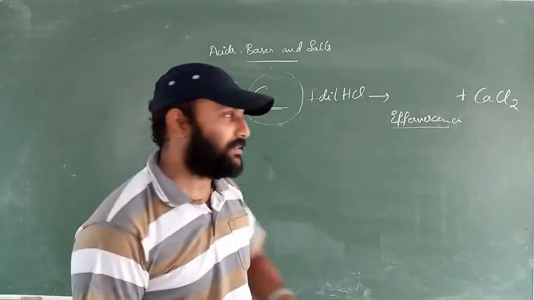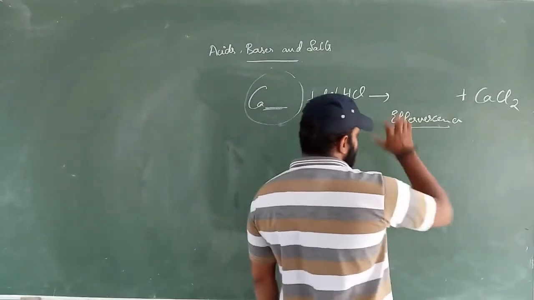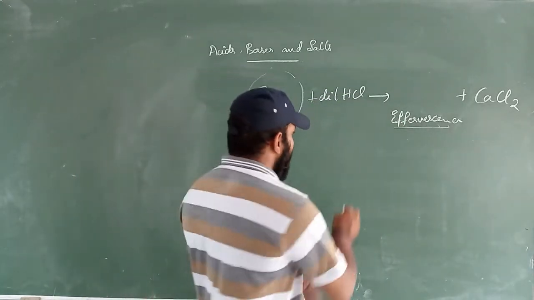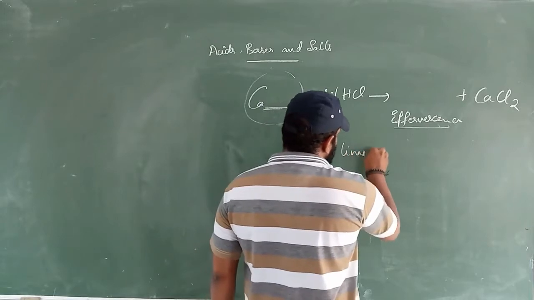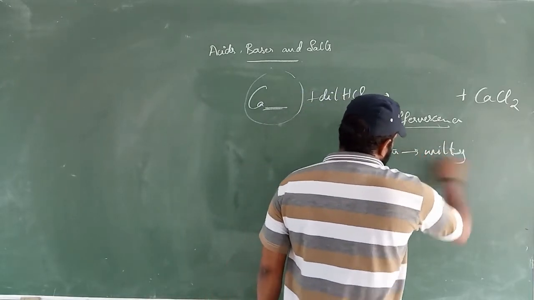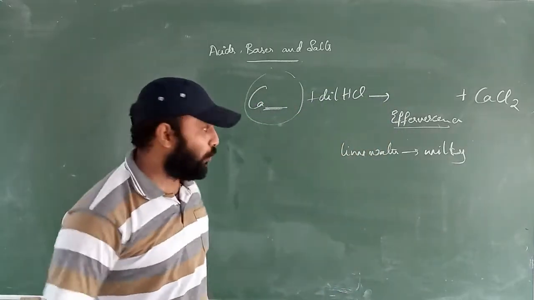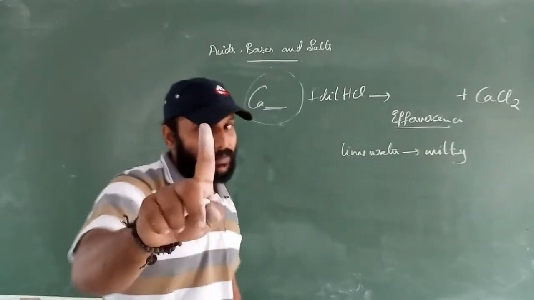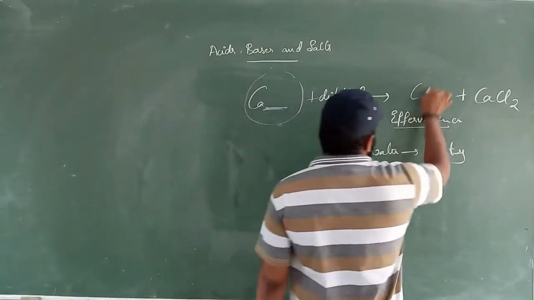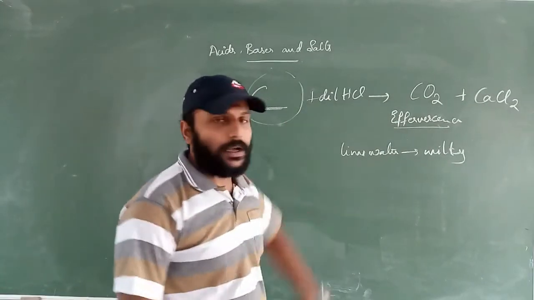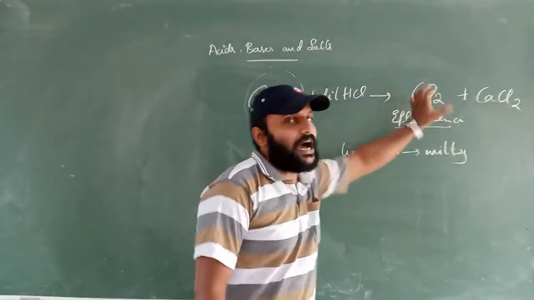And one more thing they have said: whatever effervescence is formed will change lime water into milky. A few minutes back I told you which gas converts lime water into a milky white precipitate: carbon dioxide. So the effervescence produced when we react a calcium compound with dilute HCl is carbon dioxide.